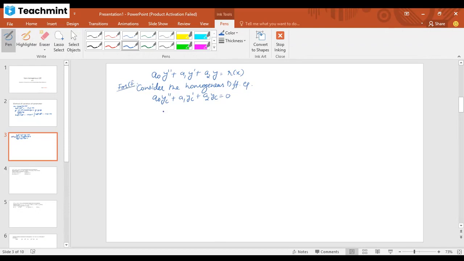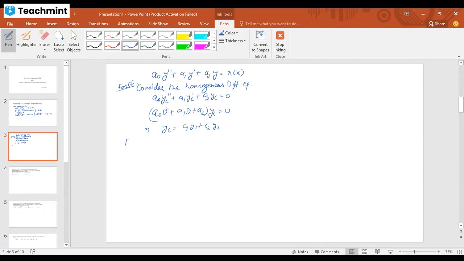So we write the equation in the operator form as (a naught D squared plus a1 D plus a2) yc is equal to 0. And let us say the solution of this equation is given as c1 y1 plus c2 y2, because it is a second order differential equation, so it has two linearly independent solutions, say y1 and y2.